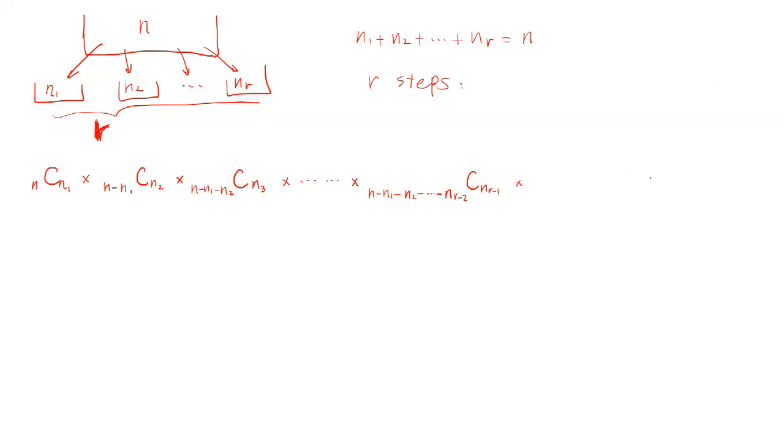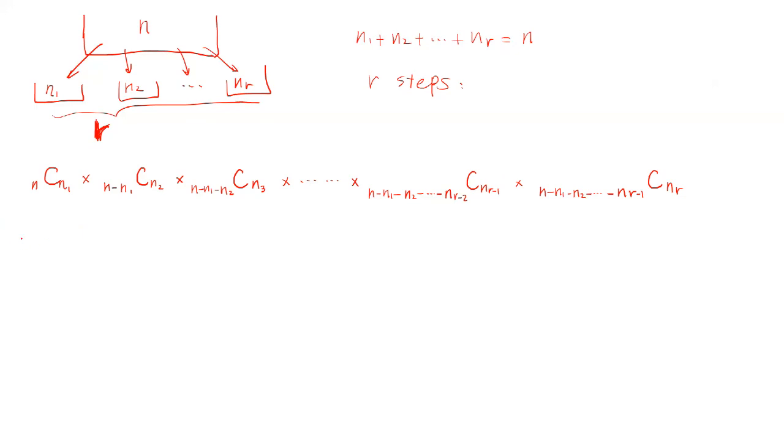And how about the last one? For the last one, we need to choose n r out of n minus n1 minus n2, etc., minus n r minus 1 different elements, right?